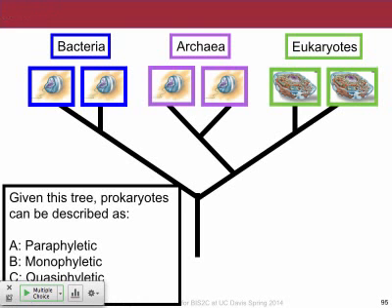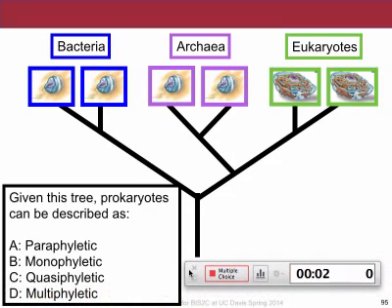Here's another clicker question. Given this rooted tree of life, prokaryotes can be described as paraphyletic, monophyletic, quasiphyletic, and multiphyletic.